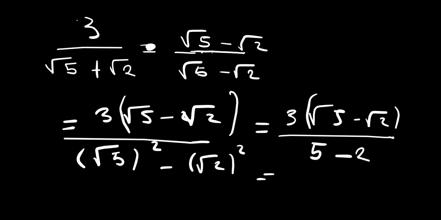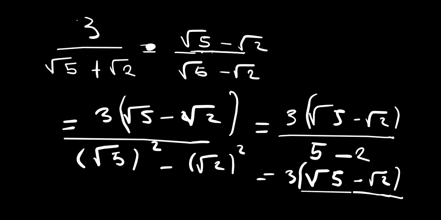So on the numerator, this remains root 5 minus root 2, divided by 5 minus 2, that is 3. Your 3 and your 3 can divide. So your final answer will be the square root of 5 minus root 2. That will be your final answer.